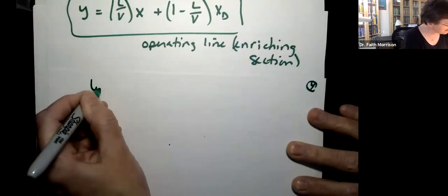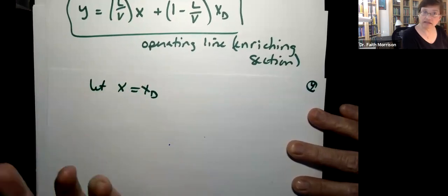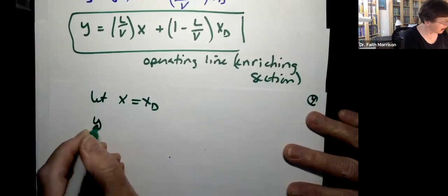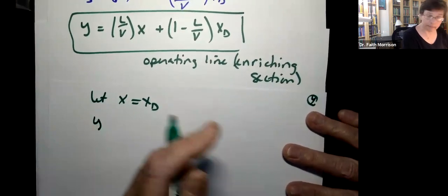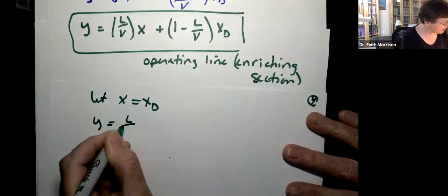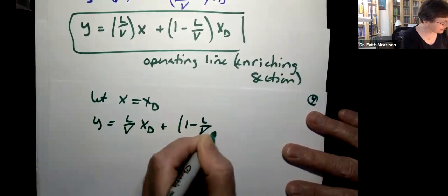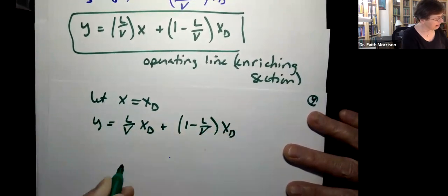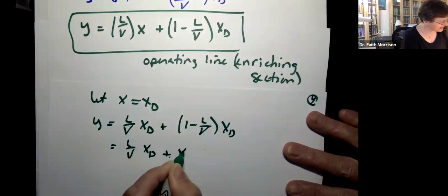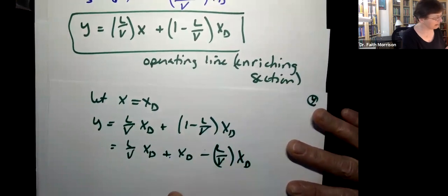And so let x equal xD. It's a function. We can plug that in, and we get that the y that goes with it, that's a passing stream in the enriching section, is L over V xD plus 1 minus L over V xD. And so we've got L over V xD plus xD minus L over V xD.